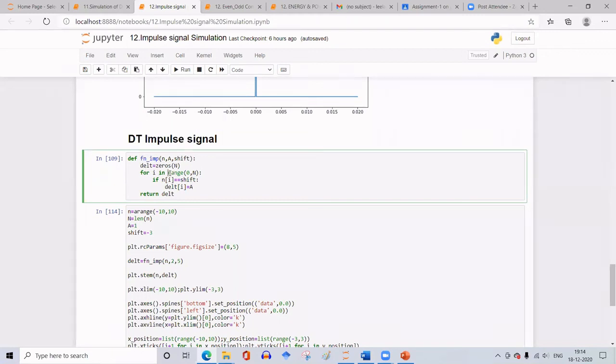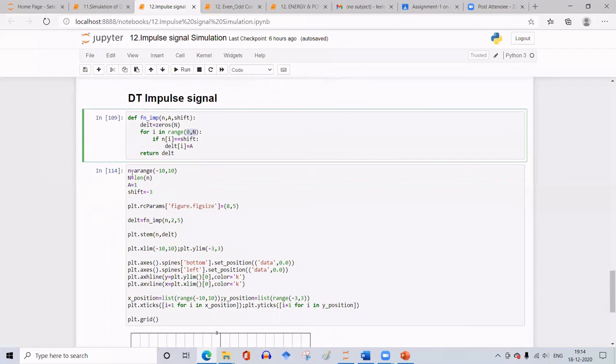for i in range from 0 to capital N. Capital N is the length of the array that we have organized for the discrete time signal. So instead of linspace, we take a range so that we will have discrete steps of values for this small n.